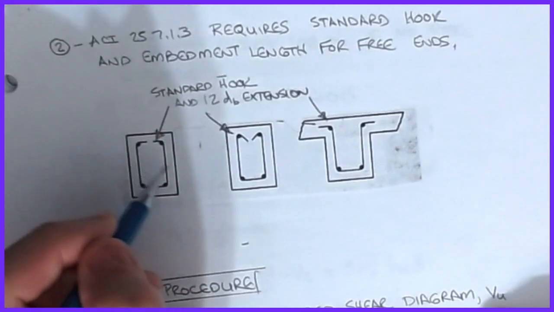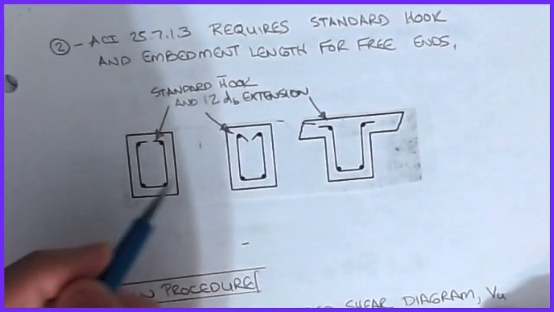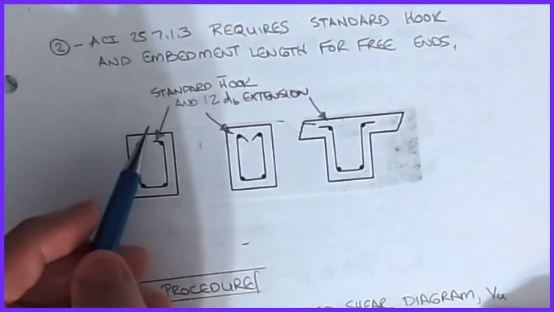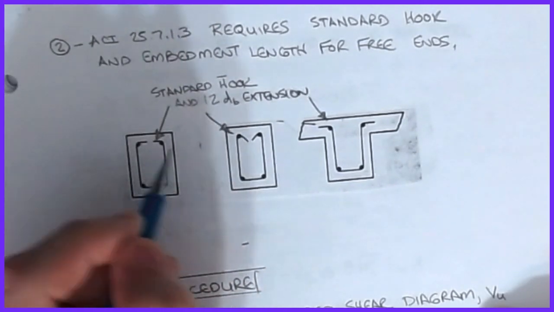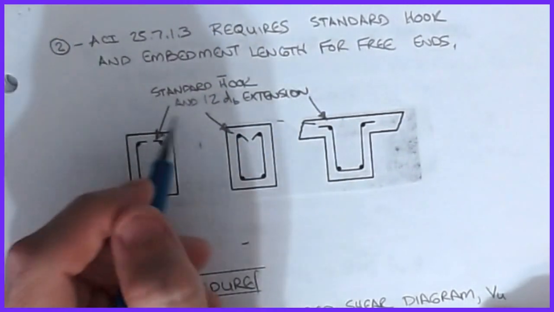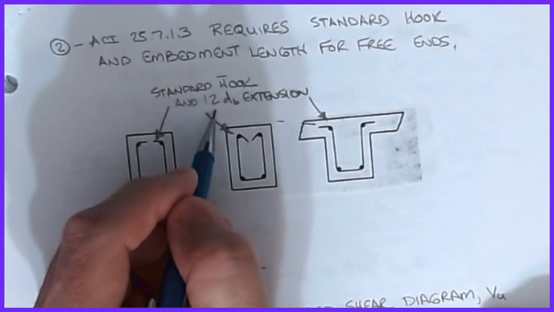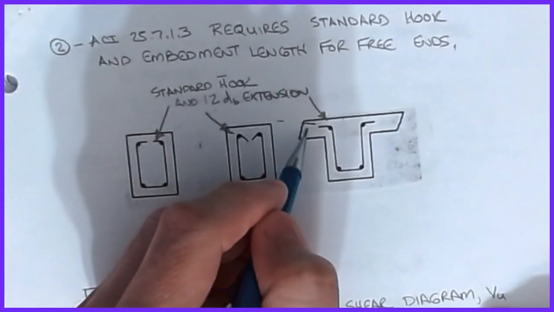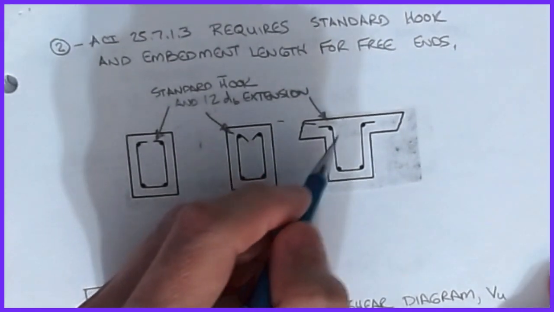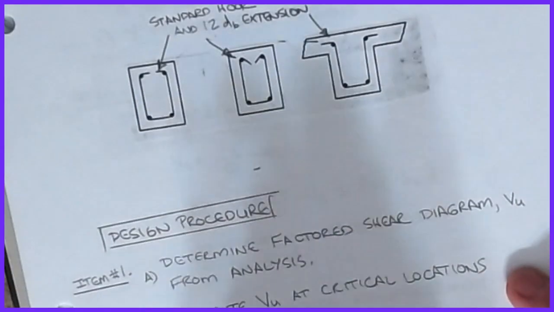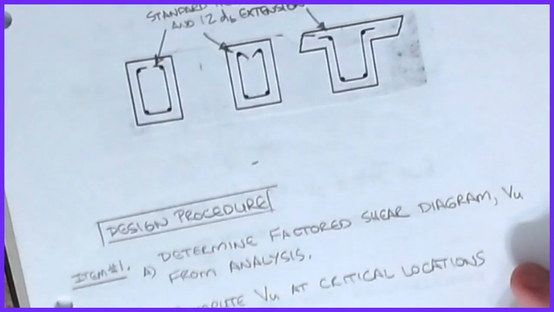These are the standard hooks, so we've got standard hooks on these corners. And if I decide to terminate it, I'm not allowed to terminate any less than 12 bar diameters from the point at which I made the turn. That gives you a little bit of stiffness so that it's fully anchored and you can get the capacity you want at the location you want it. All right, so those are some of the detailing procedures.